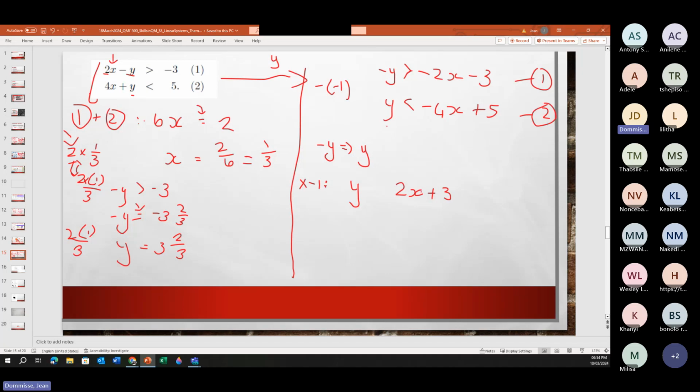The thing with inequalities is that when you change the sign in front of the y, that has a direct impact on your inequality. So where we had the inequality bigger than, your inequality will swap around.